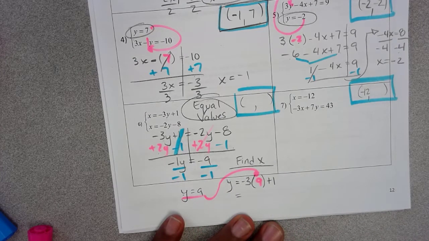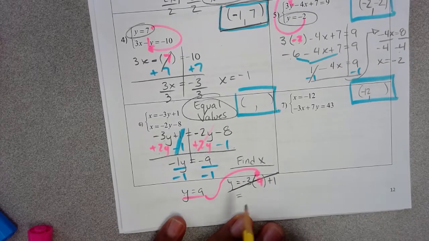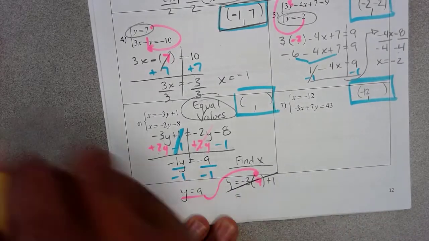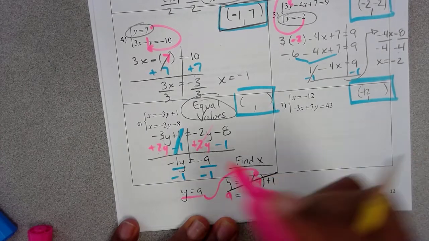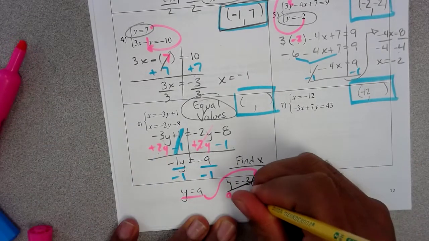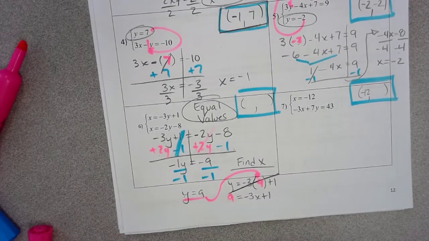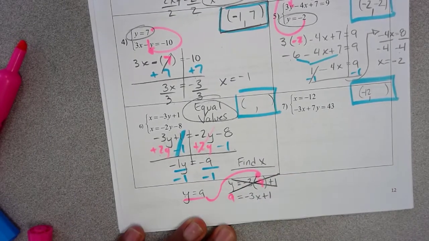As you're practicing, you kind of naturally go to x, so not there. We're going to plug it in here. Now it says minus 3x plus 1. Sometimes it's good to have mistakes in your notes, that way you know what not to do.